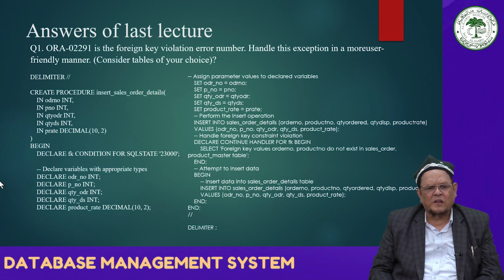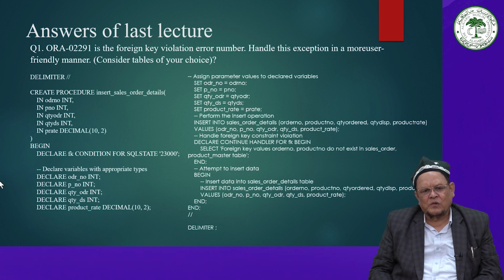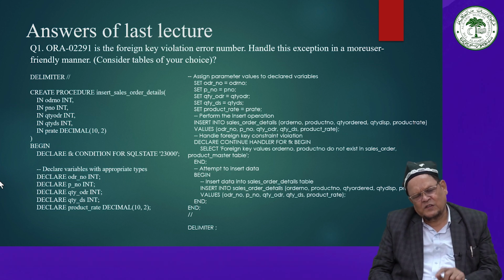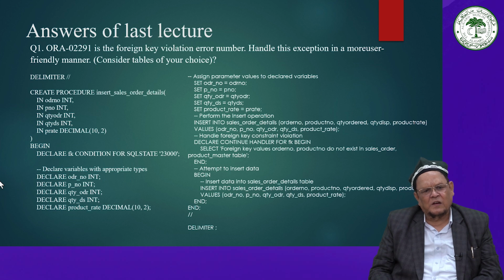Then start with begin. Here you have to declare the appropriate data types. So declaration, foreign key condition for SQL state 23000. Within the code we have to write the comment: declare variables with appropriate types.